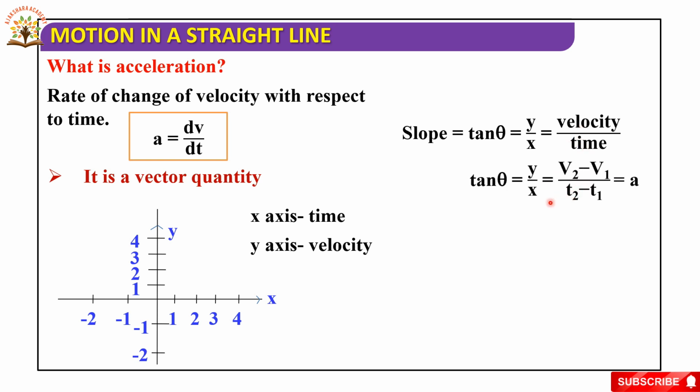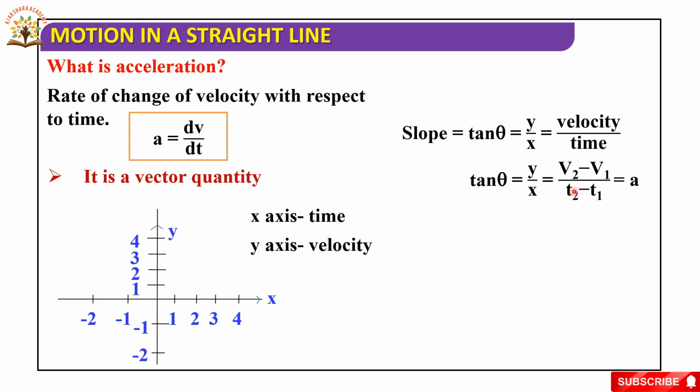So acceleration is equal to change in velocity by time, or tan theta is equal to y by x, which gives v2 minus v1 by t2 minus t1, the change in velocity by the time taken.